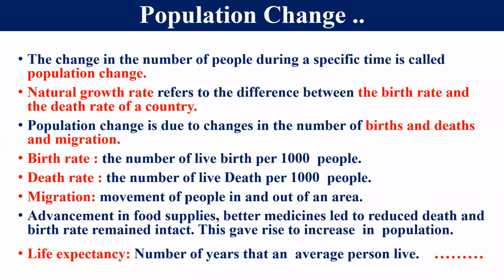We have seen the definition of it. Right, students? Now, the population growth rate is going to increase. The reason is that the birth rate is low, but the death rate is very low due to medical facilities, food supplies and other development facilities also. Right? So this is population change.